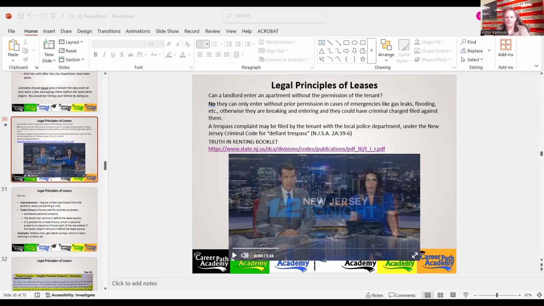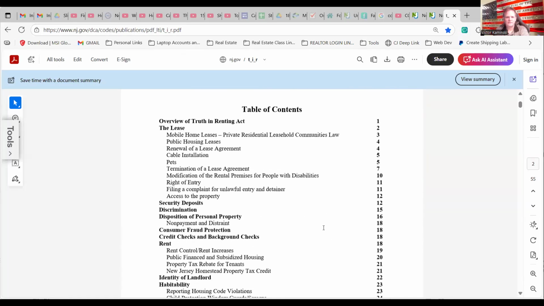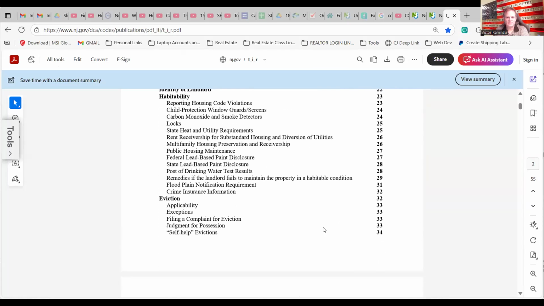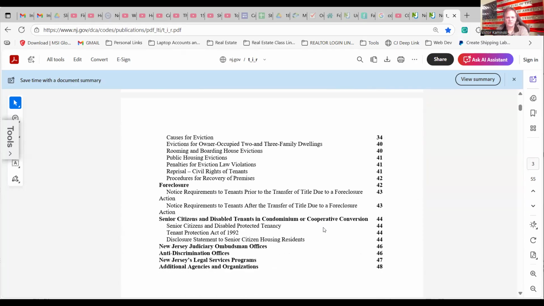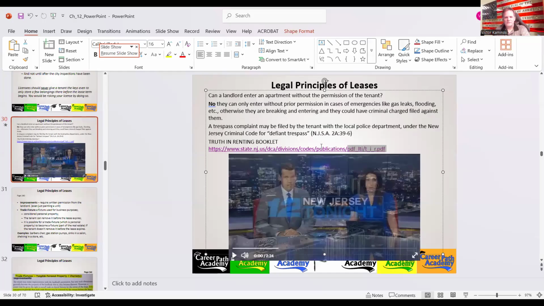There's the Truth in Renting booklet. Okay, it did open up. Looks like this. I just searched their website and it has all this information. All right, so I'll update that right here because they obviously changed it.